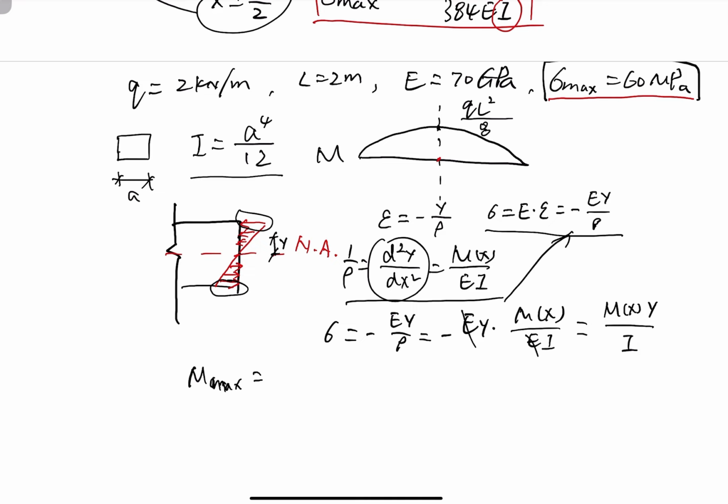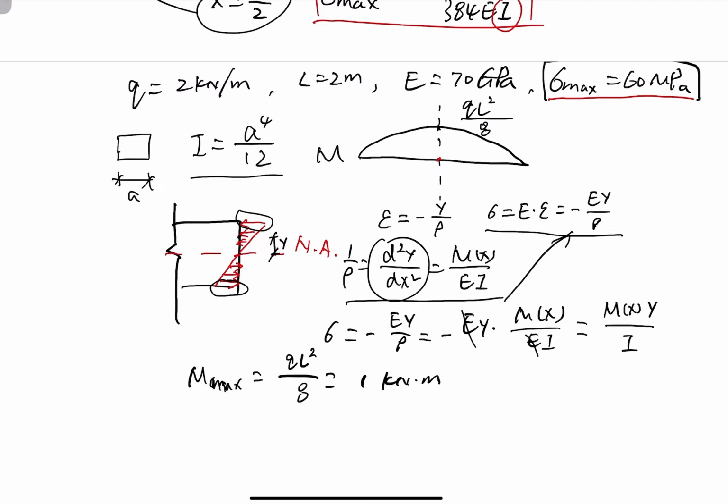At mid-span we have the maximum bending moment, equal to qL squared over 8. We can calculate that it is 1 kilonewton meter. This is the maximum bending moment.